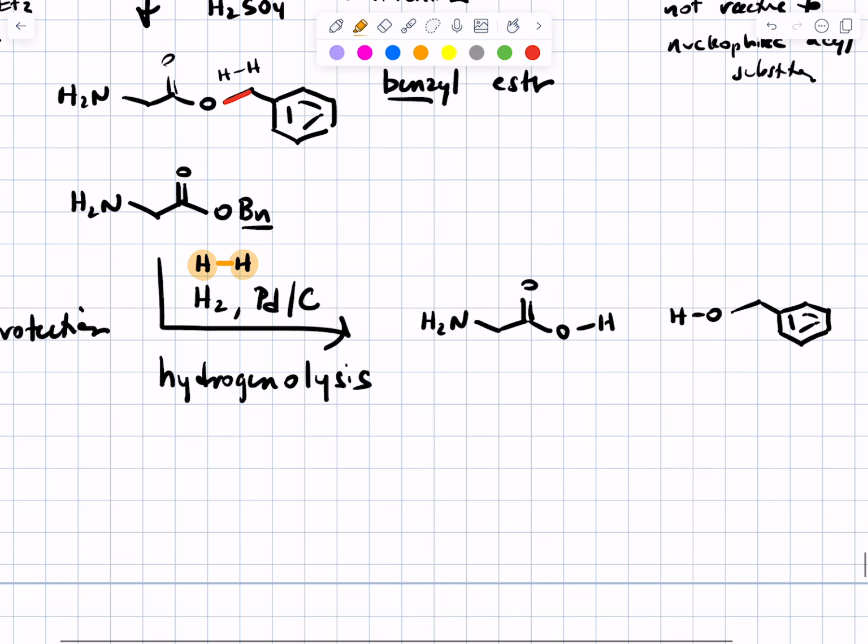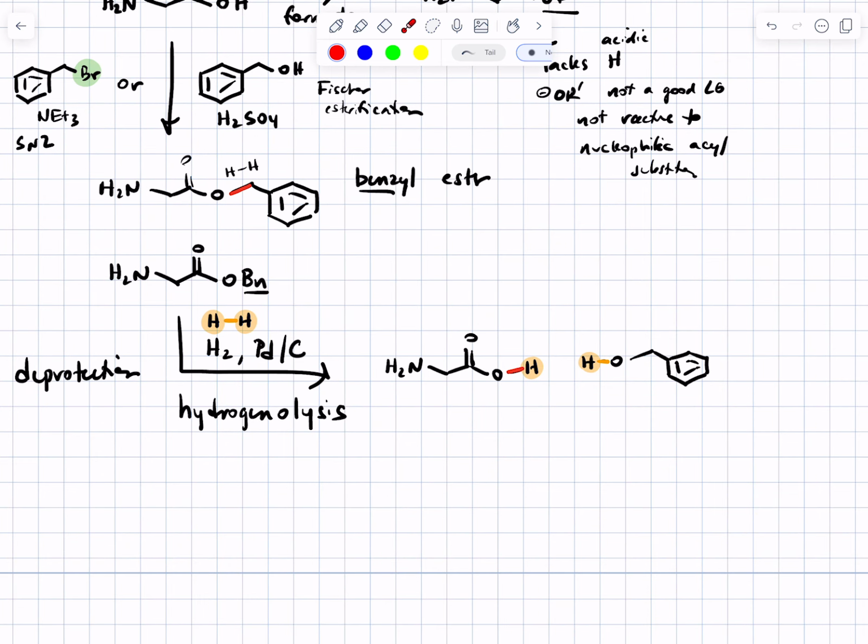Here are the 2 hydrogens from H2. I'm not sure which pair of electrons goes where, but 1 pair of electrons is from the original oxygen-carbon bond, and the other pair of electrons is from the hydrogen-hydrogen bond. So that's called hydrogenolysis. It's catalytic. It uses just hydrogen, and the benzyl alcohol is easily separated from the amino acid. And so this reaction is really quite easy to do.